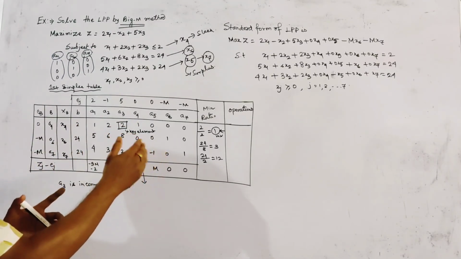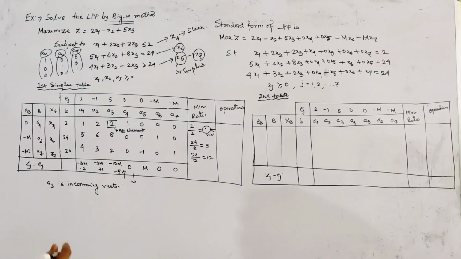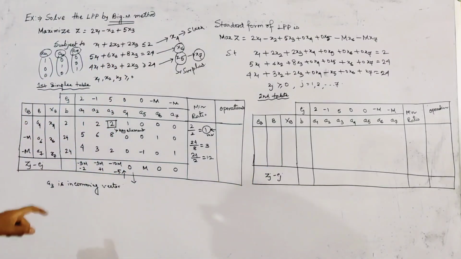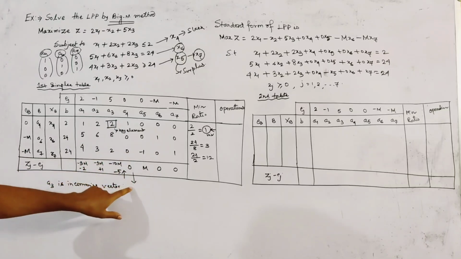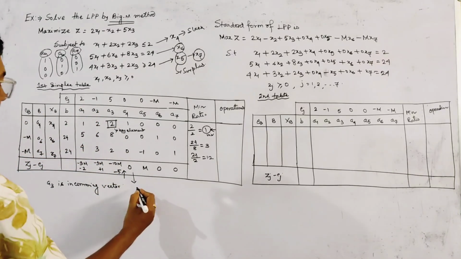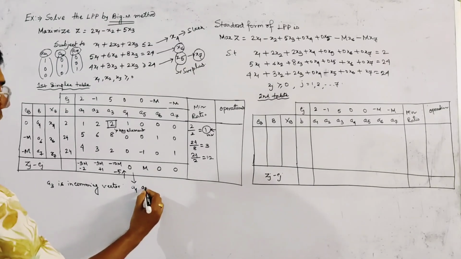Now we draw the second simplex table as we fill first the basis vector column. Here we already said that A4 is the outgoing vector and A3 is the incoming vector. Here also we write A4 outgoing.